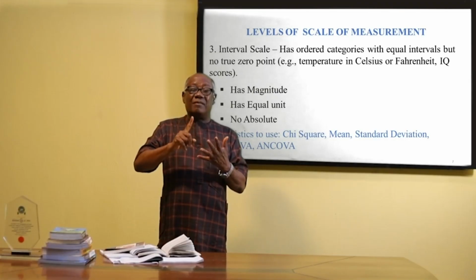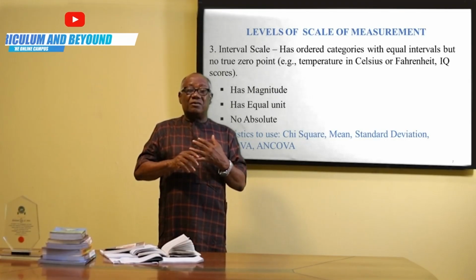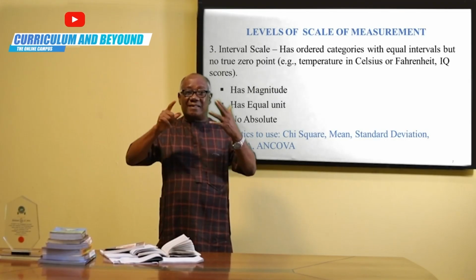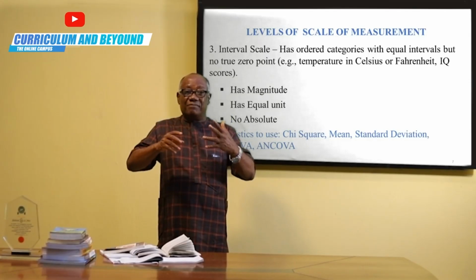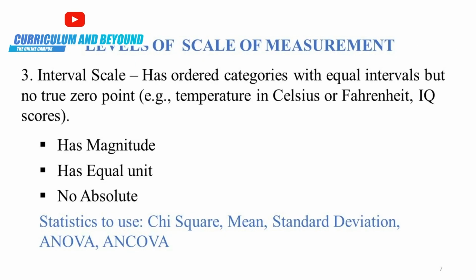Now, they have magnitude because you can say that the person who has 60 did better than the person who has 30%. The person that has 90 in the test can be said to be stronger than the person who has either 60 or 30.